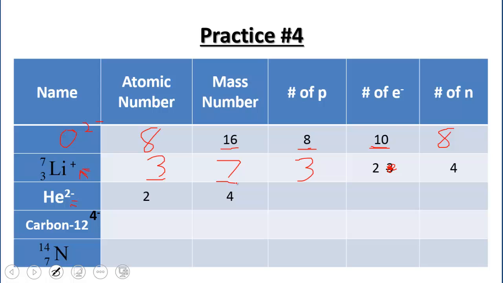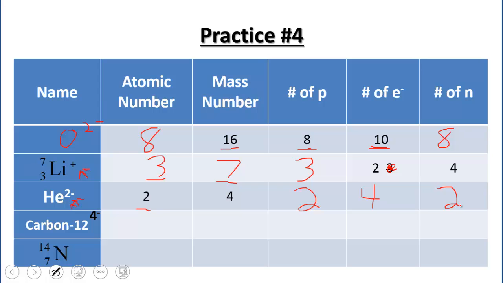Now helium has a -2 charge to it in this case. So helium with that -2, atomic number of 2, mass number is 4 for helium from the periodic table. Number of protons would be 2. If we're at a -2, we're going to have 4 electrons to get to that -2. And then mass number minus atomic number, 2 neutrons for helium.